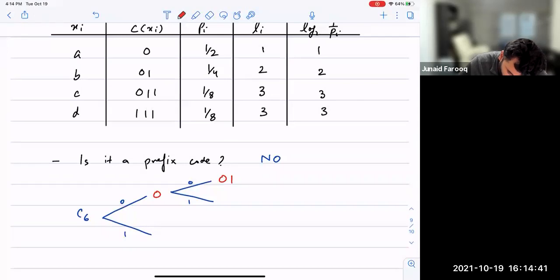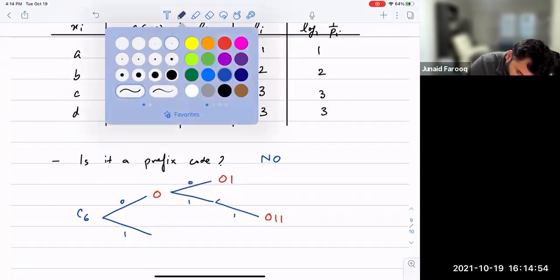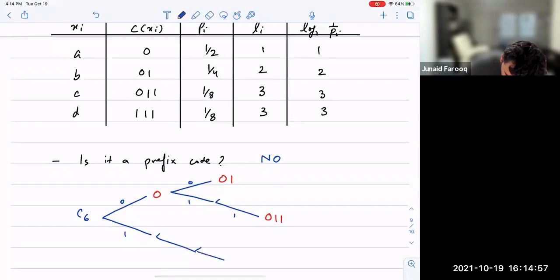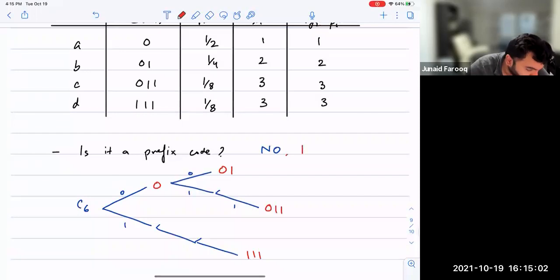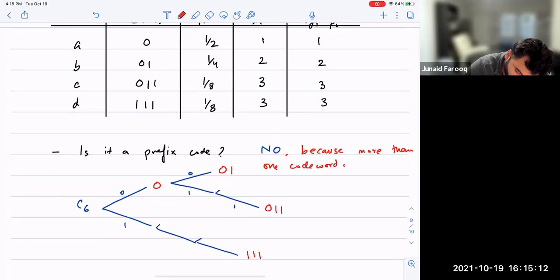So 0, 1, and 1. So no, because more than one code word on the same branch.